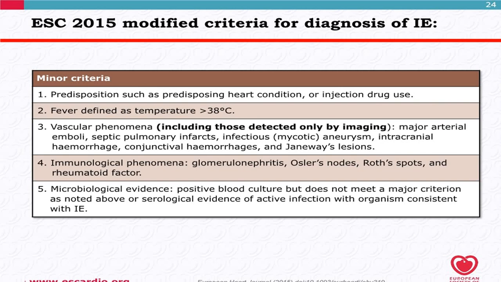There was a fifth criterion in minor, that is microbiological evidence of positive blood culture that does not meet the major criteria, and serological evidence of active infection by the organisms. So these were included in minor criteria.